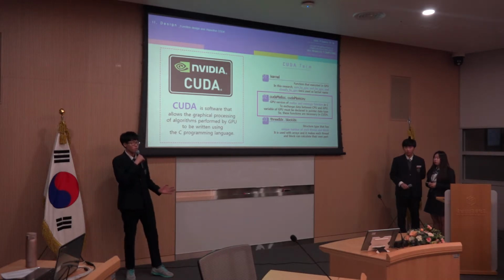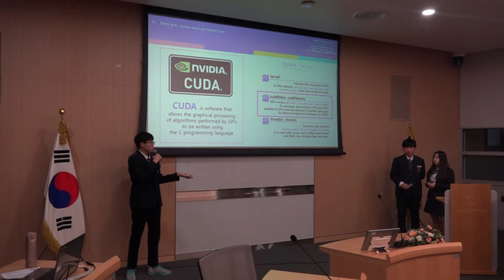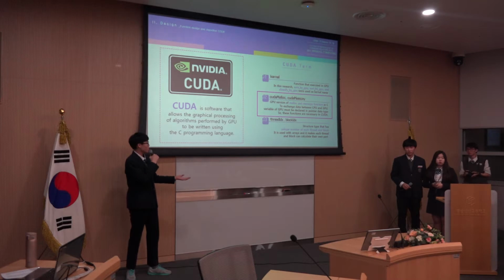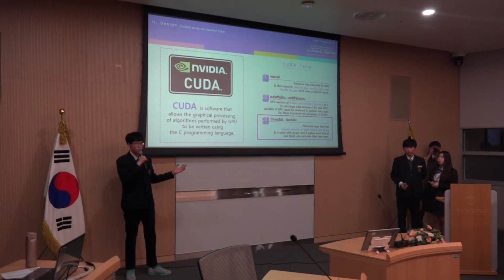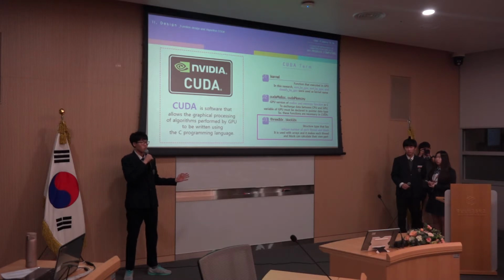These are important because the types of GPU variables are defined by pointers. So, these functions are important in GPU computing. The next is thread index and block index. These are also important because they are necessary for computing each part.